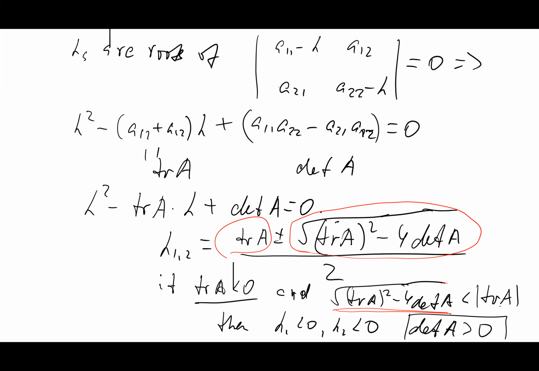Therefore, another observation is when lambda 1 and lambda 2 are real. Lambda 1, 2 are real if trace squared A minus 4 determinant A is positive.